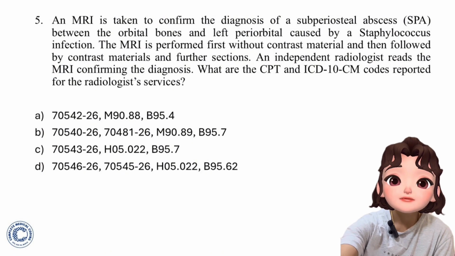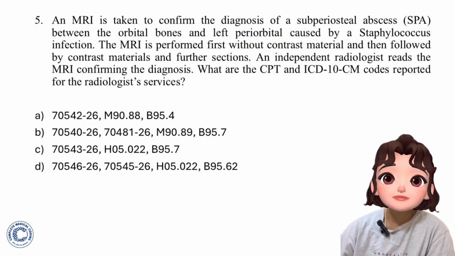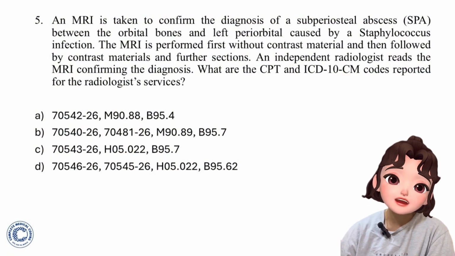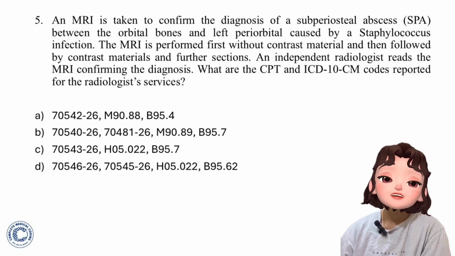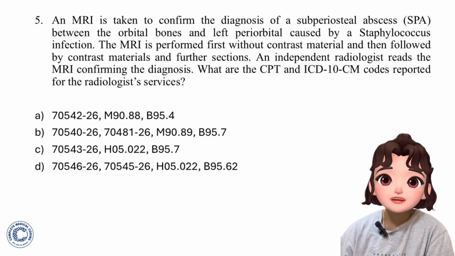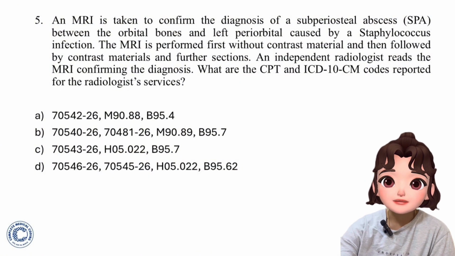B95.7 is staphylococcus, because it is caused by a staphylococcus infection. So that also you have to mark according to the ICD guidelines. The causative organism also you have to code, right? So other staphylococcus as a cause of disease classified elsewhere. Yeah. The staphylococcus code also you need to mark.